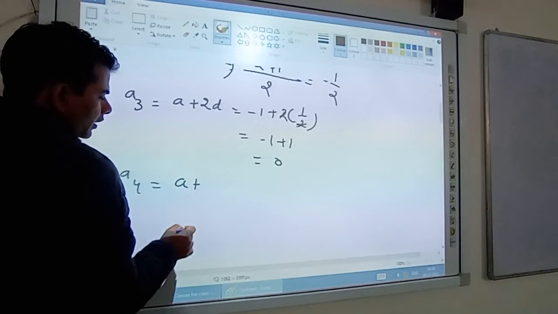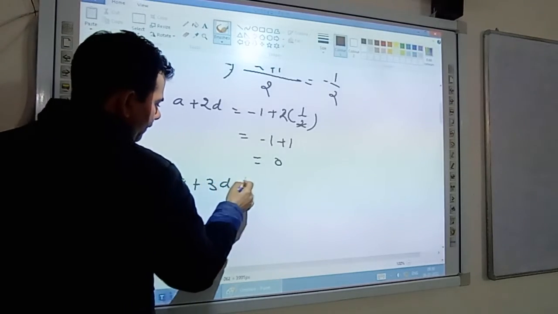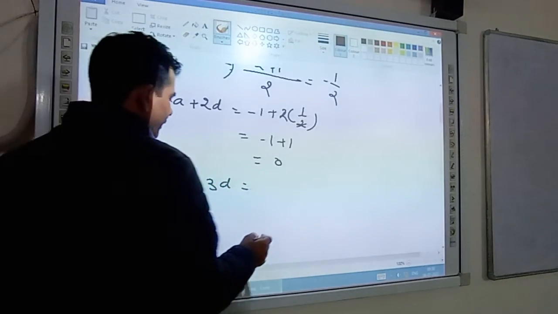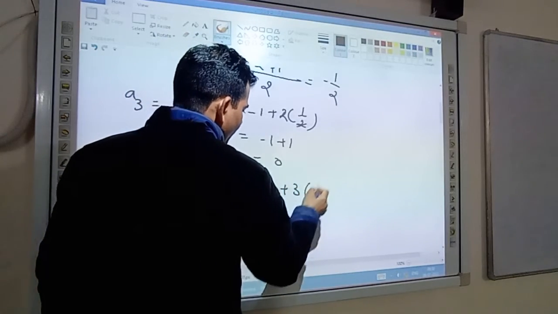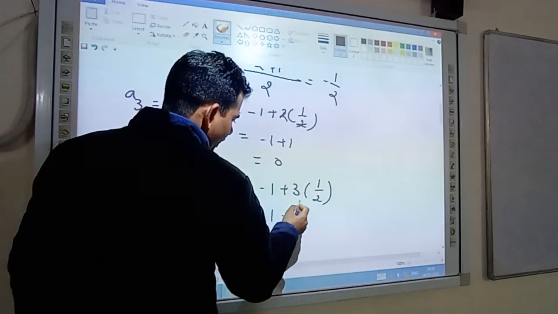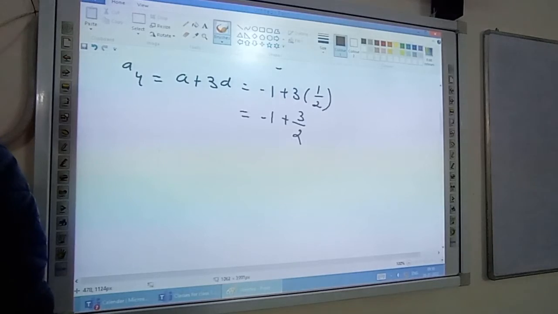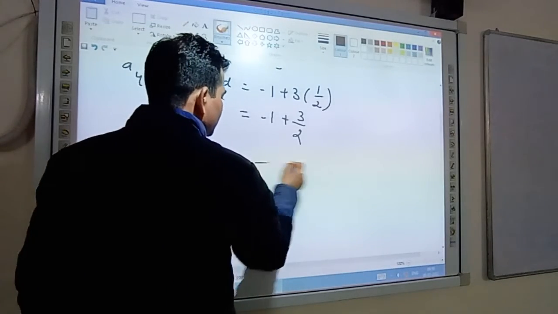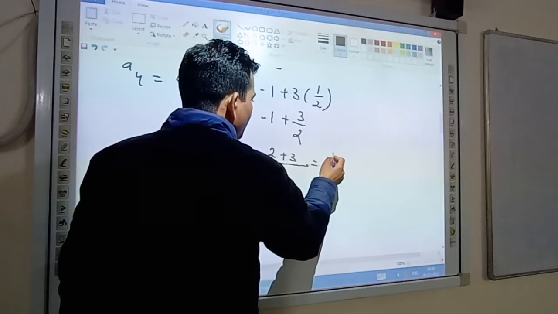It will be A plus 3D. A is minus 1, D is 1 by 2, so 3D is 3 by 2. LCM is 2. Minus 2 plus 3, that is 1 by 2.